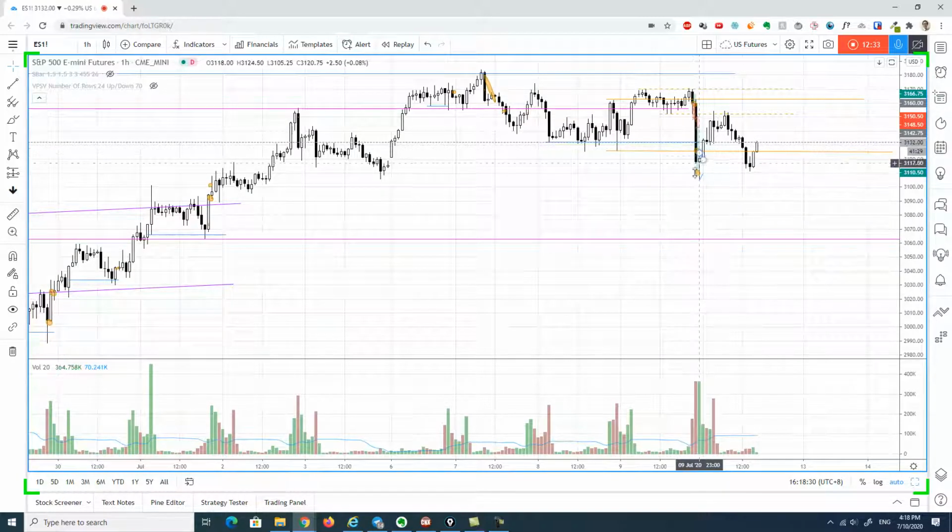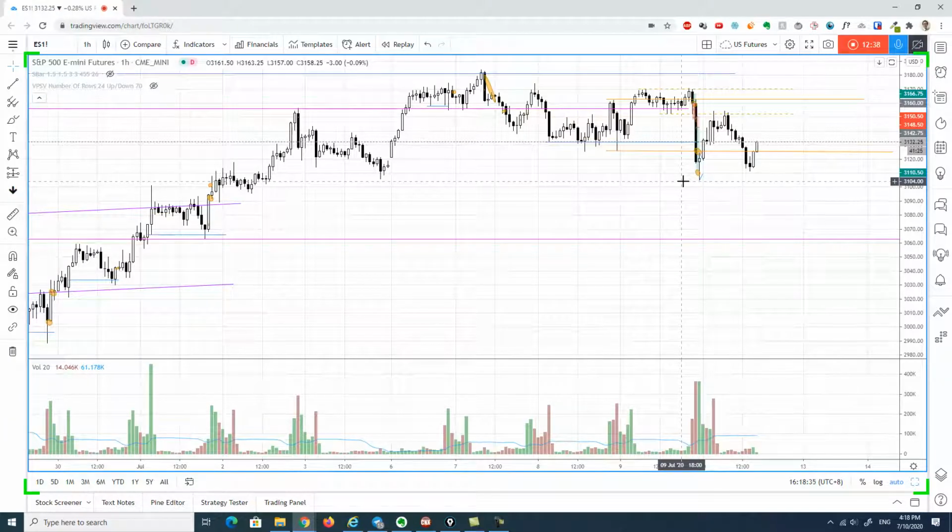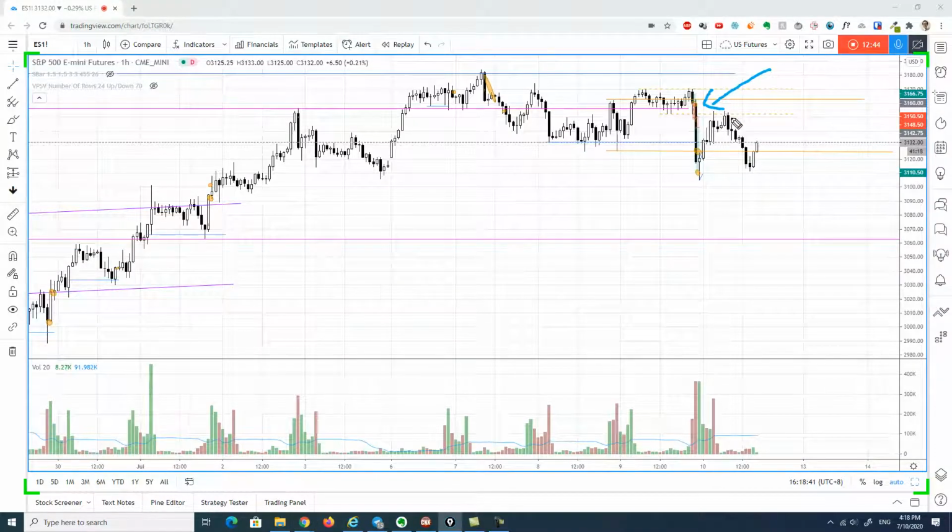So I think it's quite a logical thing to take some profit out. And this is how it actually happened. So we see this kind of movement suggest some kind of profit taking activities.